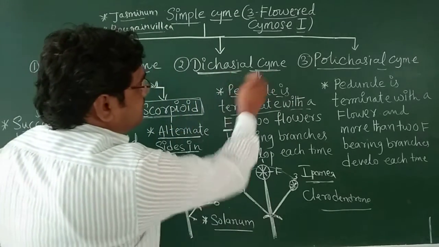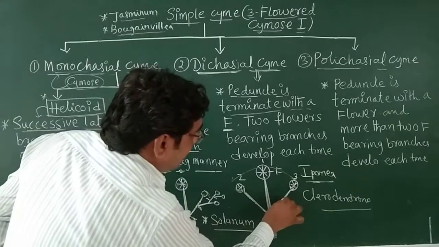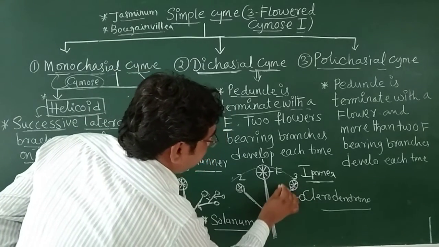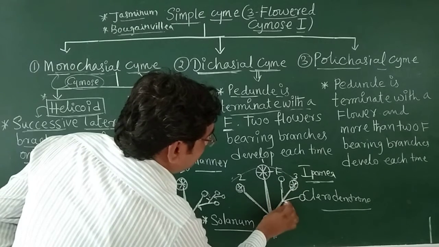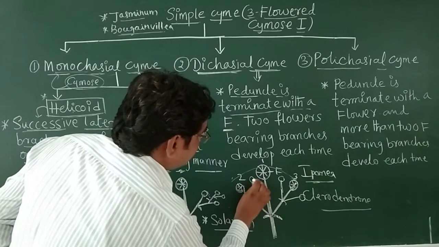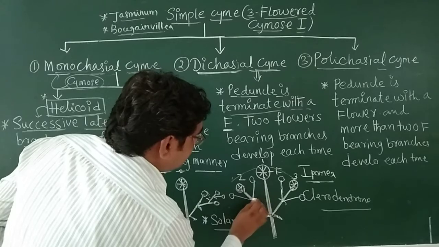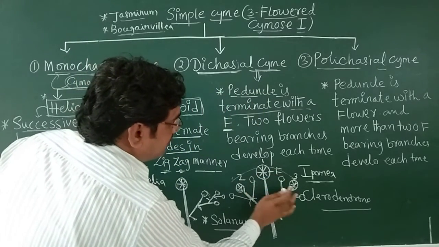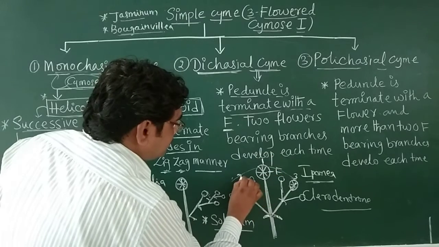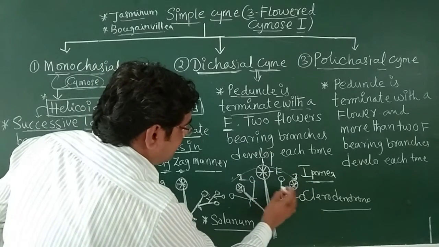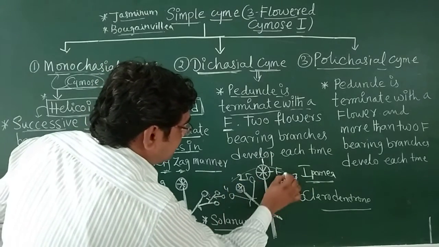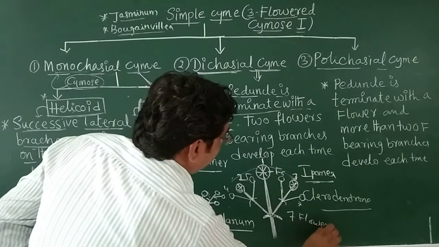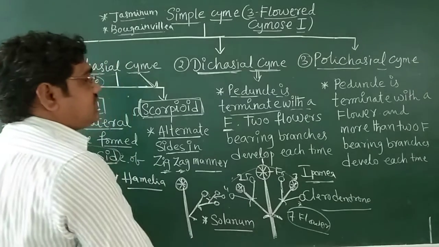Here in dichasial cyme, each branch again resembles the monochasial cyme. So in total, in dichasial cyme, how many flowers are there? 1, 2, 3, 4, 5, 6, 7. Seven flowers are there. In a dichasial cyme, seven flowers are formed.